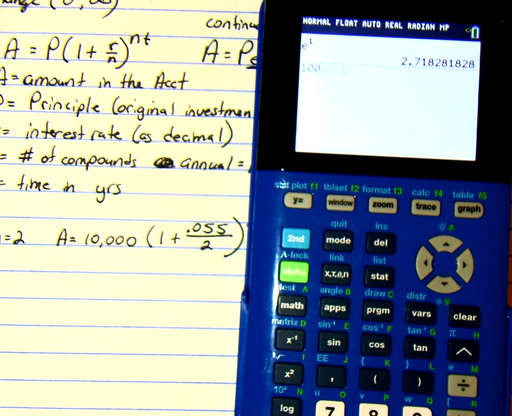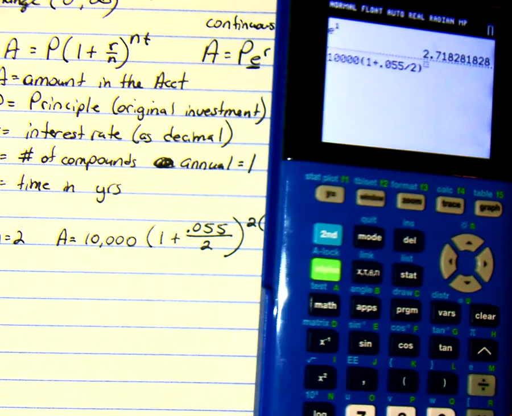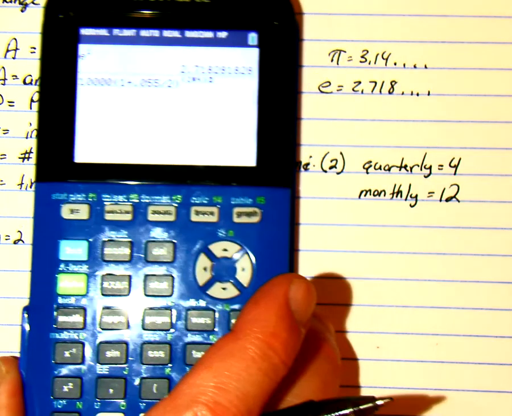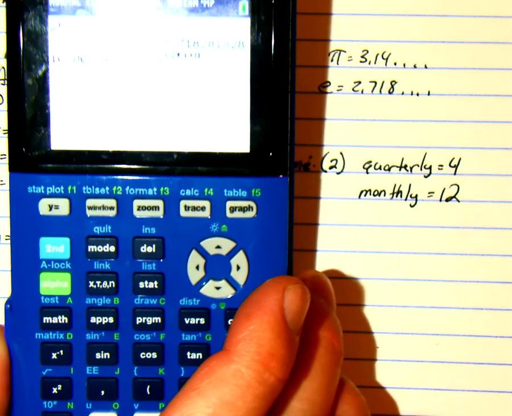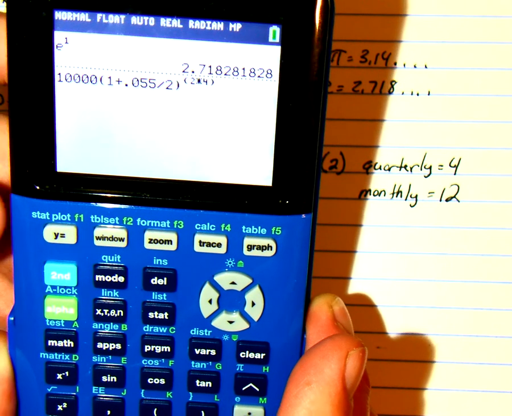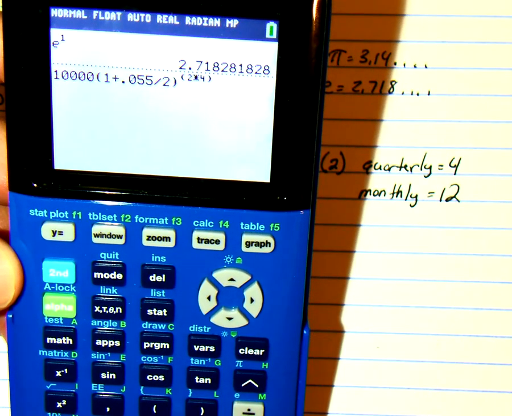This is going to be 1 plus 0.055 divided by 2. We're going to drop my caret key in there, and then we can write up here 2 times 4. Now, depending on your calculator operating system, whether you need to have all that in there, you probably don't need the parentheses up here in the exponent, but we just wanted to have that. So we're going to hit enter.